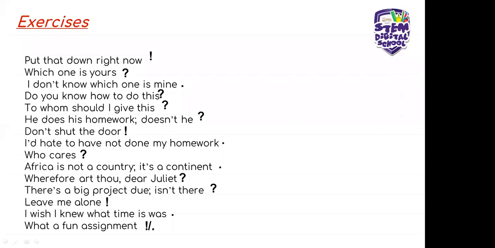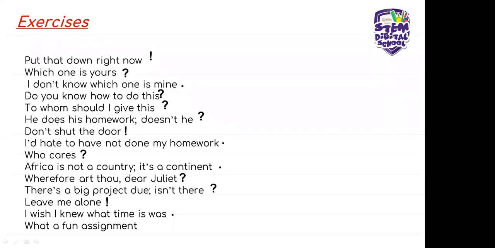If you put a full stop or an exclamation mark in a sentence like this, you will get your point for that, because I can either tell you this, what a fun assignment, or I'm going to tell you what a fun assignment. Okay, so you can either use a full stop or an exclamation mark.